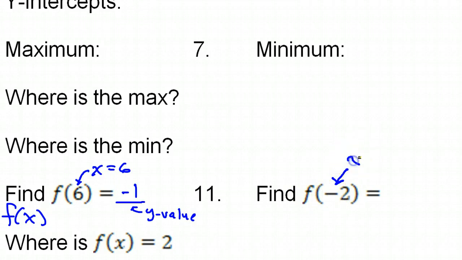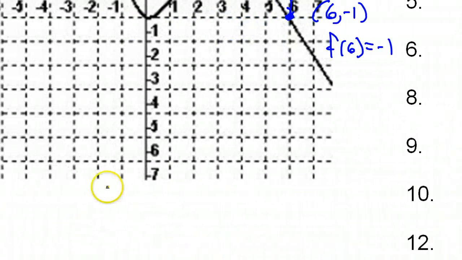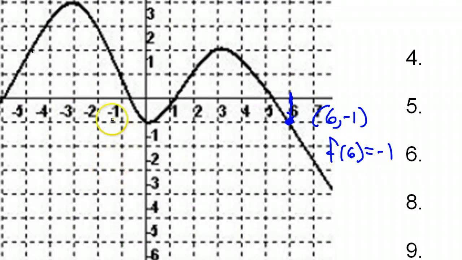Again, this is an x value, and you're being asked for a y value. So let's go to an x value of -2 and see where the function is. If I go to an x value of -2, then we are right here, and we see the function is above this.